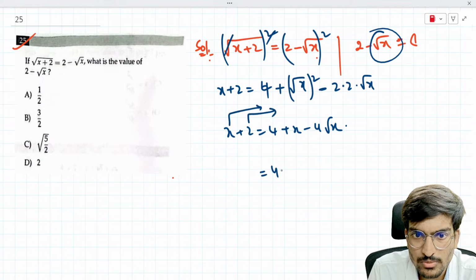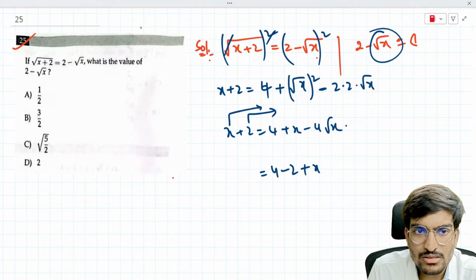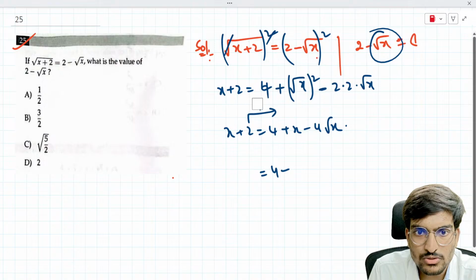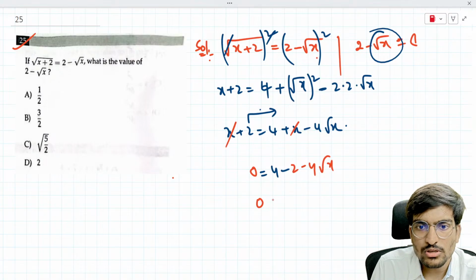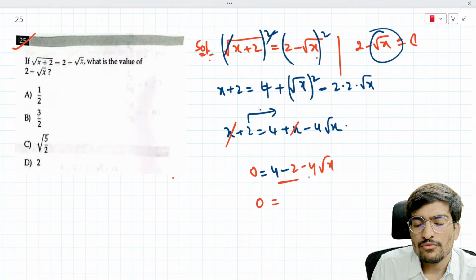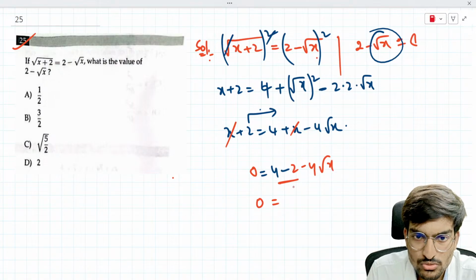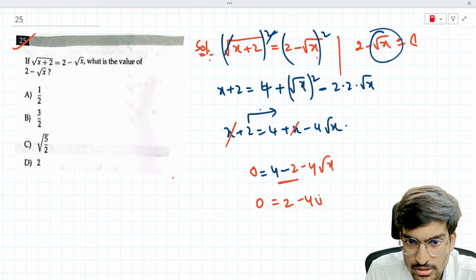So that's going to be 4 minus 2 plus x, or else we can directly eliminate this plus x with this x. Positive x becomes 0, and we have 4 minus 2 minus 4 root x. So this is going to be 0 equals 4 minus 2, which is 2, minus 4 root x.